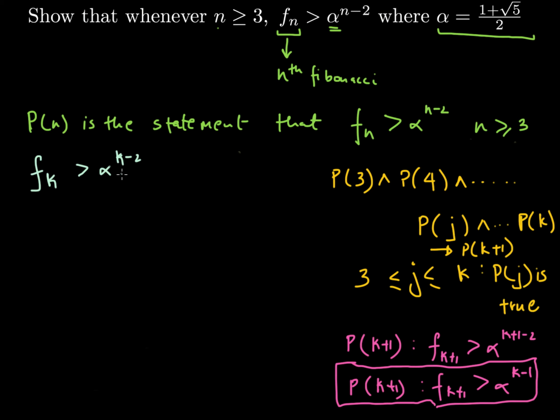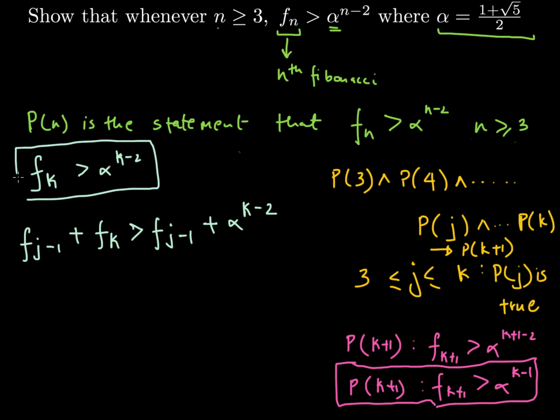Now, because I know that this inequality over here is true, and also if I take this inequality and add to this inequality f of j minus 1, I add f of j minus 1 to the left hand side. I'm just adding f of j minus 1 to the left hand side of this expression over here in the box.